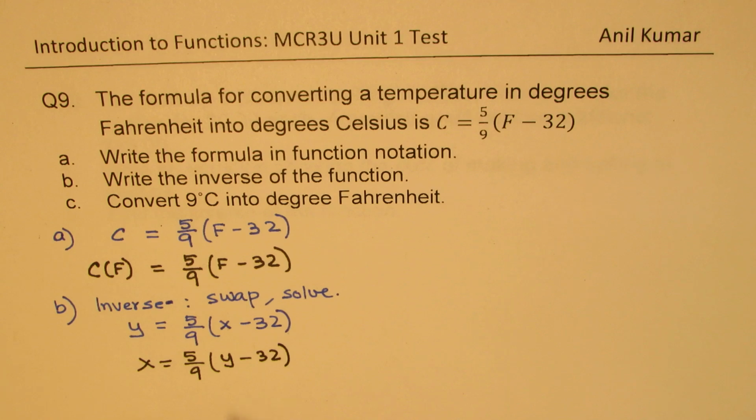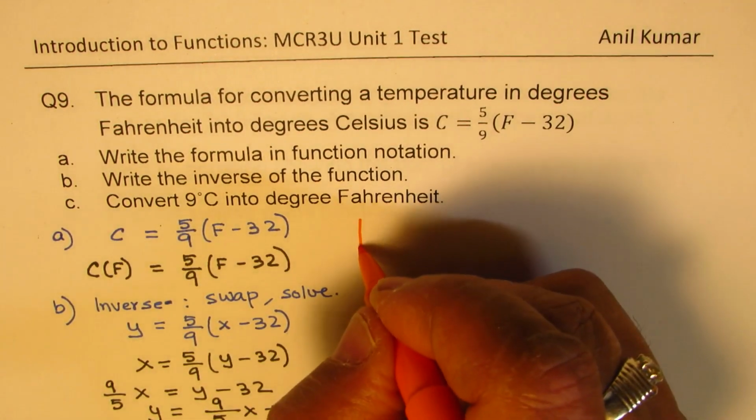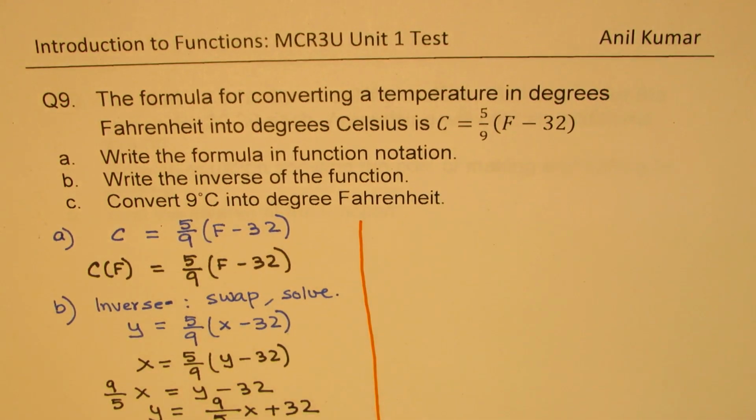We have to isolate y. So we'll do 9 over 5 x equals y minus 32. And from here, we get what y is. y equals, bringing 32 to this side, 9 over 5 x plus 32. Clear? Okay. Let me rewrite the solution on the right side. Now we have to write this as an inverse function.